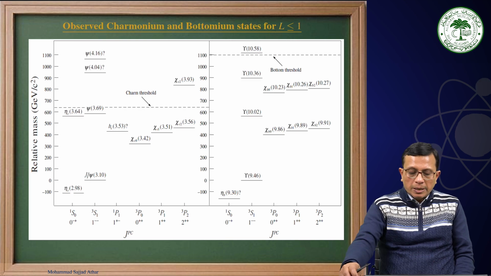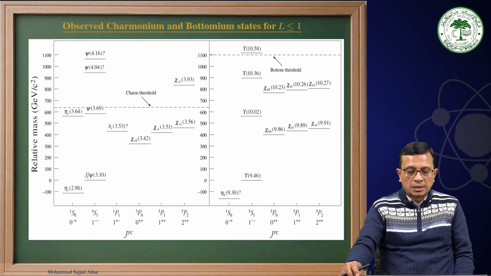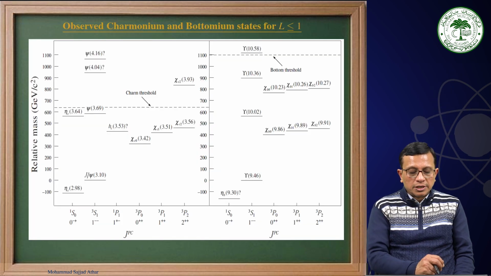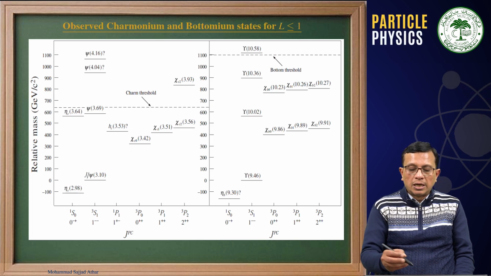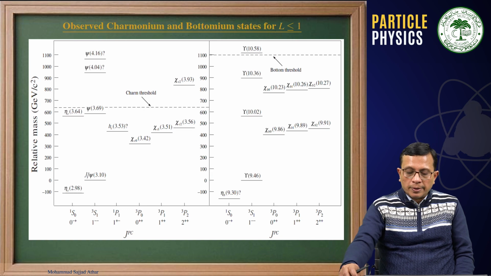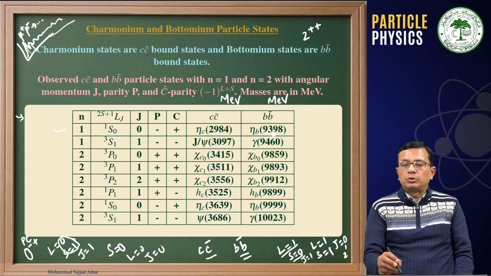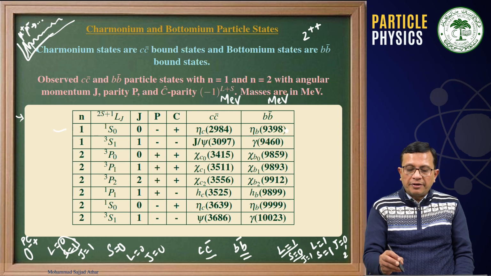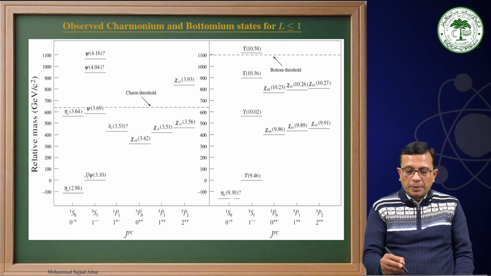You see, in the previous case, we had 1S0, we had 0 minus plus. Come to this 1S0, 0 minus plus, we have one resonance. Similarly, the other resonance, and so on. And as you can see here also, if you look back, we had 9398 MeV. Now, this will correspond to approximately 9.4 GeV, and we have the eta b, a beauty meson, which consists of B B-bar, and you see this has angular momentum 0, parity odd, and C-parity even.